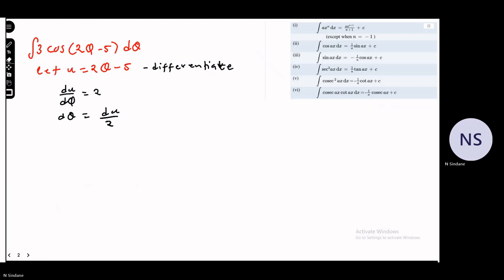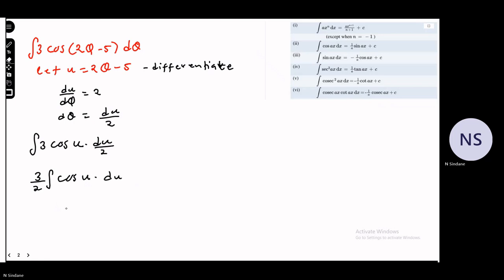Right? And then I'm going to substitute: the integral of 3 cos of u. Instead of d theta, I can substitute multiply by du over 2. Then take out these constants. So I'll have 3 over 2 integral of cos of u du.